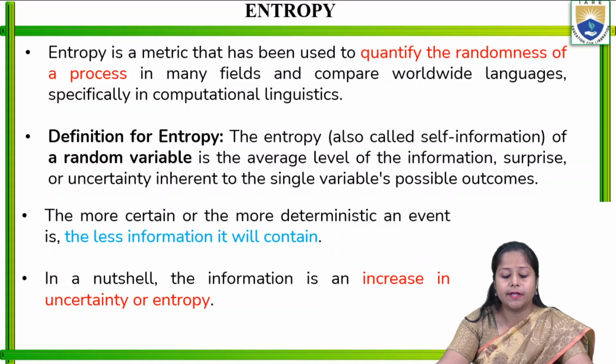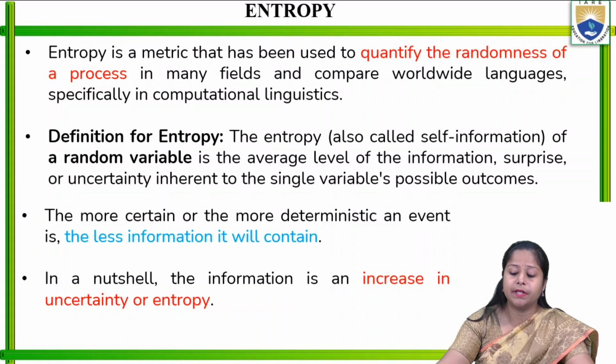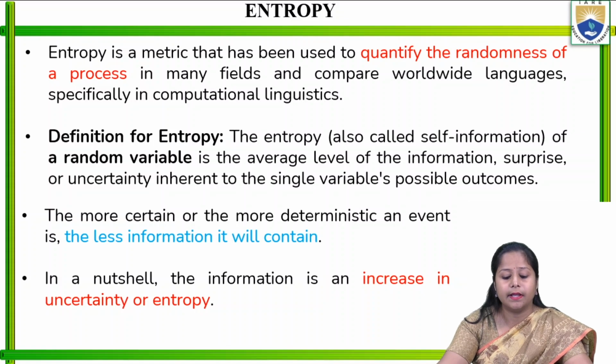The more certain, the more deterministic an event is, the less information it will contain. So that is the proper definition of entropy.